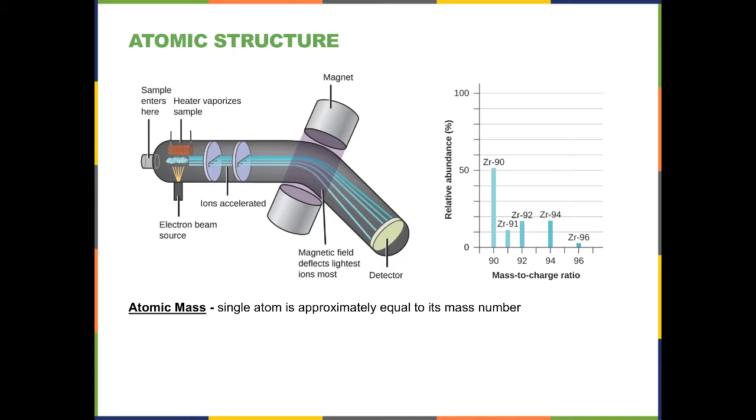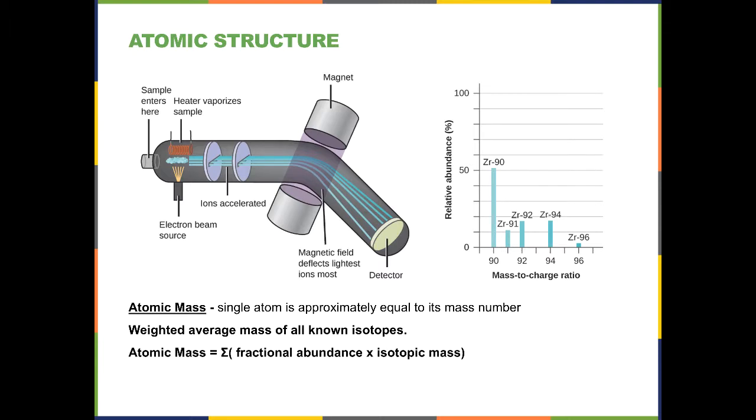What happened is that the magnetic field deflected the lightest members the most, and the heavier ones the least, and showed on the right here that zirconium was actually made up of 5 different isotopes. And the average mass is what's known as the atomic mass. So the weighted average of all the known isotopes is what is called the atomic mass.